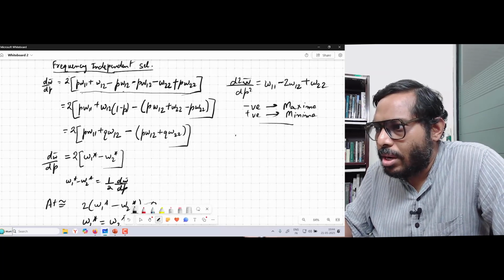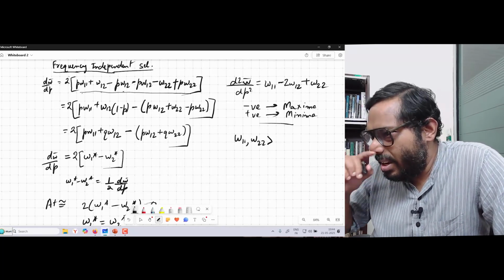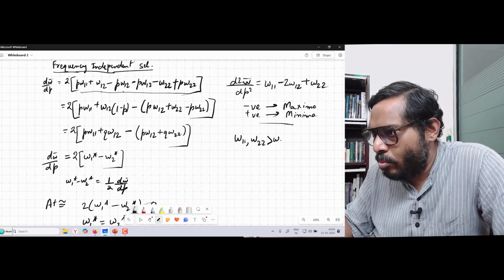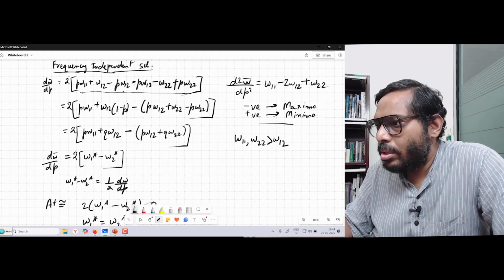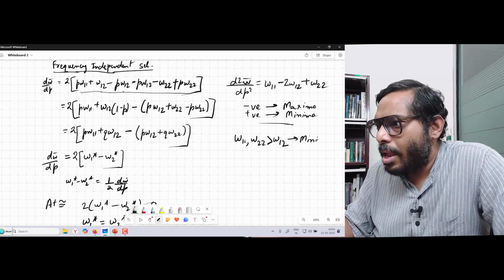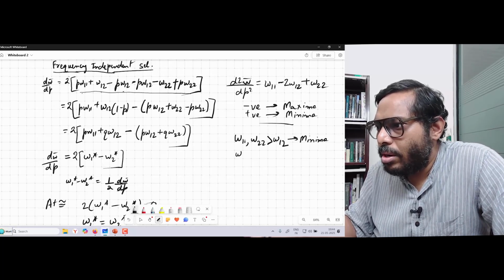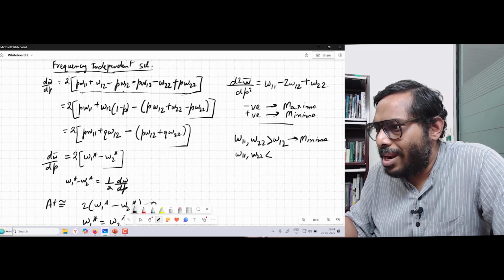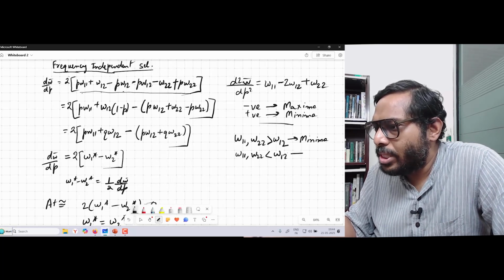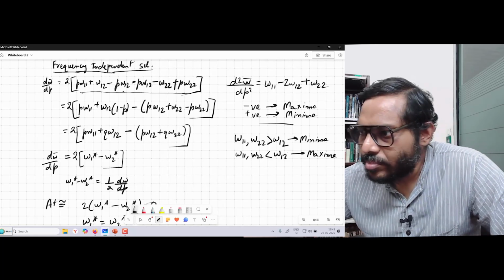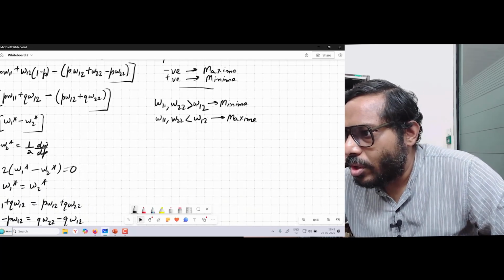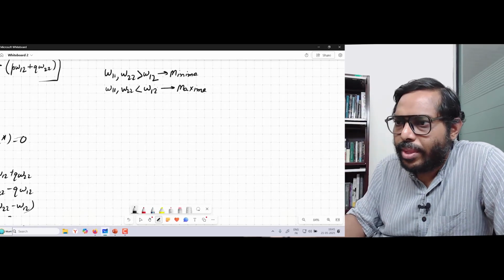So, when W11 and W22 both are greater than W12, then we expect a minima, and similarly when W11 and W22 both are less than W12, we expect a maxima, right. So, with this knowledge, now let us start plotting.